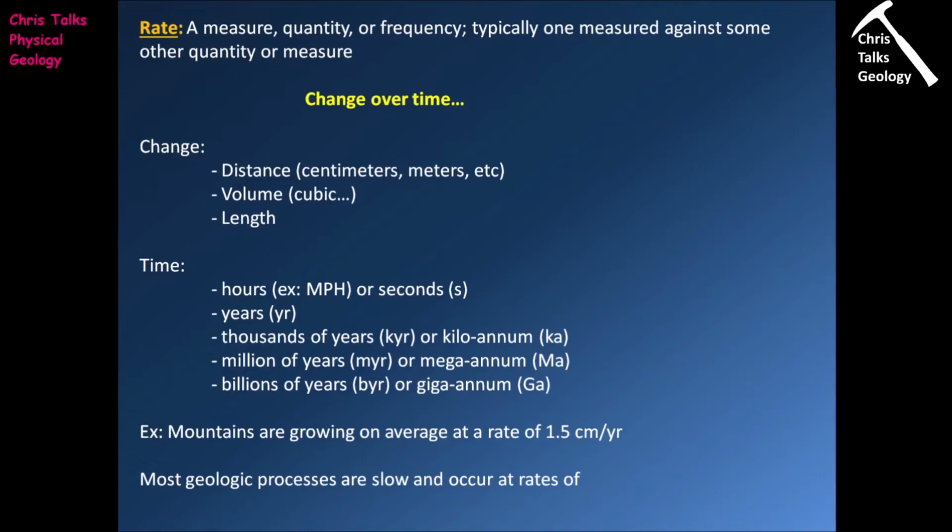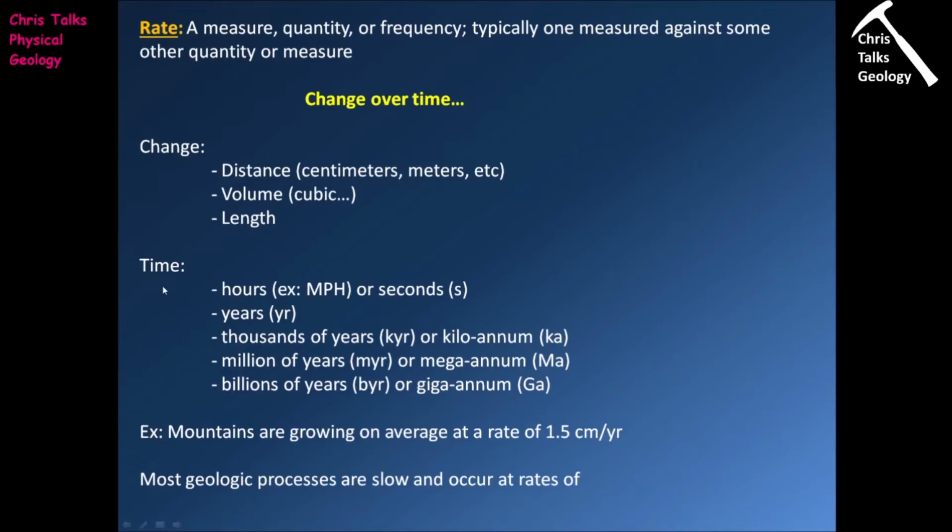So our change is typically measured in units such as distance, so centimeters, meters, millimeters, etc. Changes in volume, changes in length, and also the number of events. So we may say, right, over this set time period, how many earthquakes occurred, for instance, how many volcanic eruptions occurred.